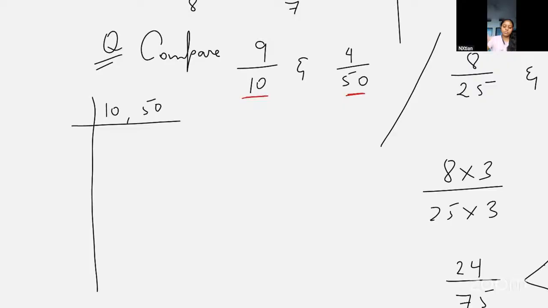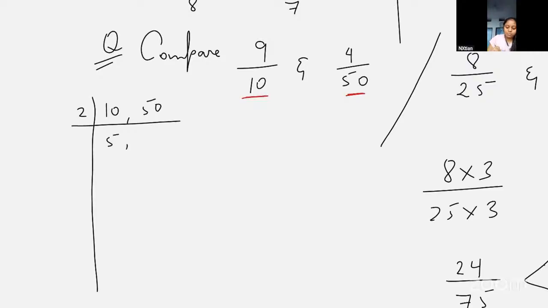I'm starting with 2 because 10 and 50 both are even numbers. I know both will come in the table of 2, so I will write 2. In the table of 2, 10 is coming how many times? 2 5s are 10, so I will write 5 here.